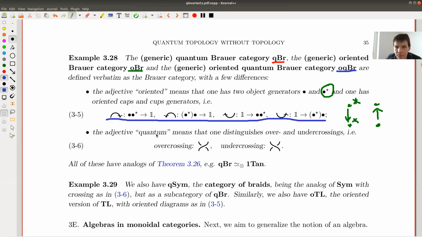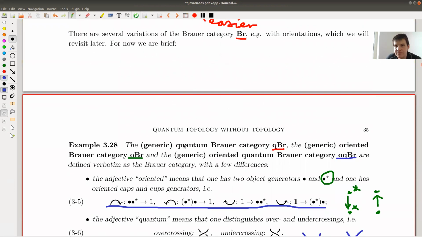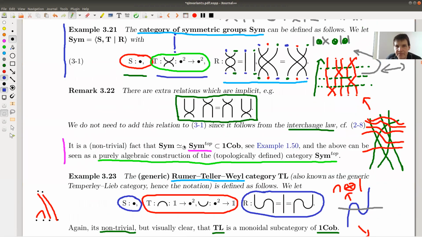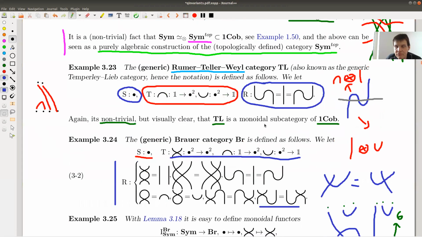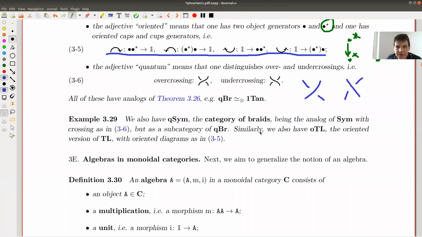And quantum means that I now allow pictures like this, overcrossing and undercrossing pictures, as new generators. The example would be quantum sum, that was this category here, where I would draw pictures of the form, something like this, for example.